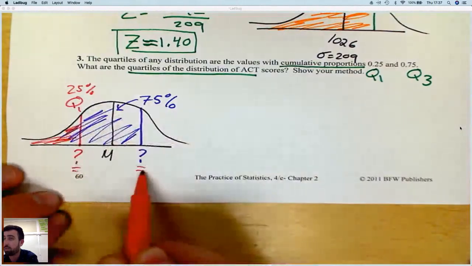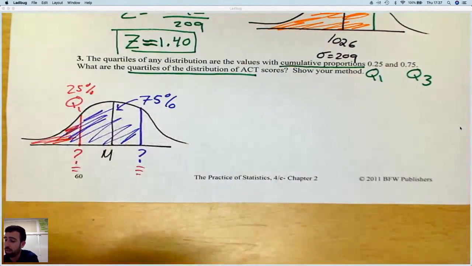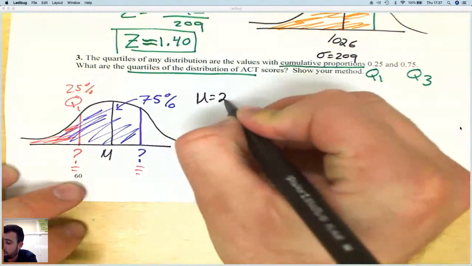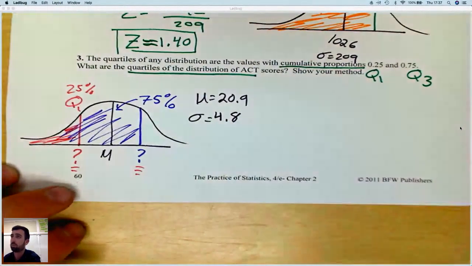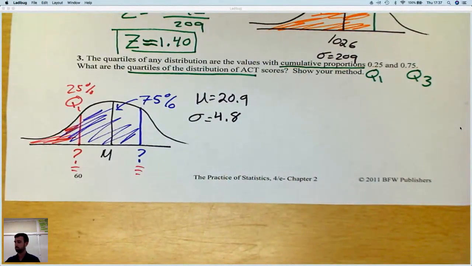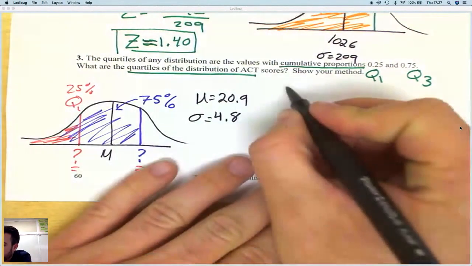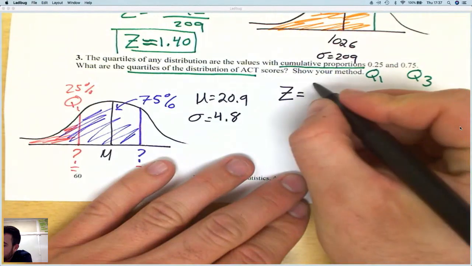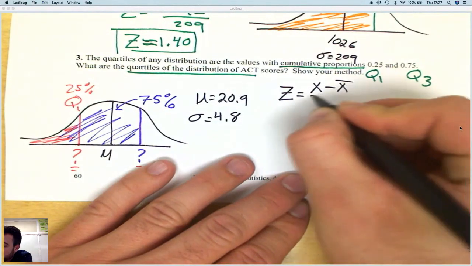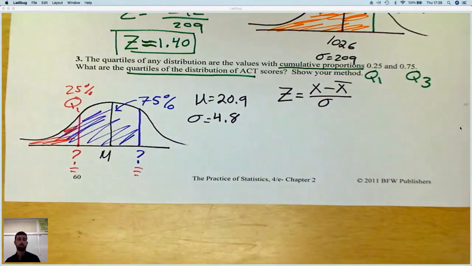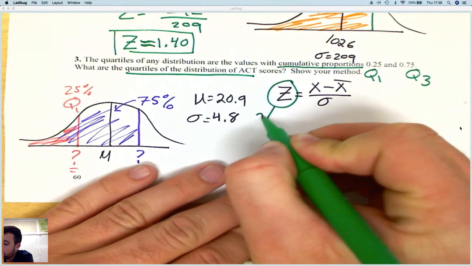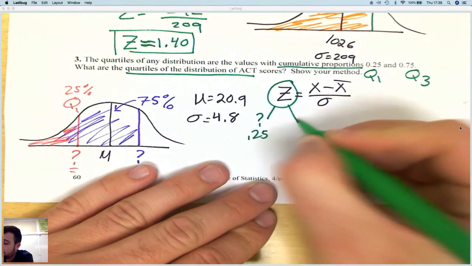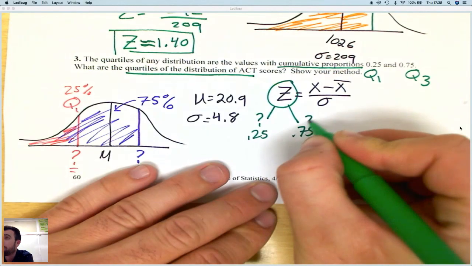So we have to find the scores. So again, we're going to use the average, which was 20.9, and the standard deviation, which was 4.8, to find this out. And let's not forget z-score equals that. All right, so to get this, we need to know what is the z-score for the 25th percentile, and what's the z-score for the 75th percentile.